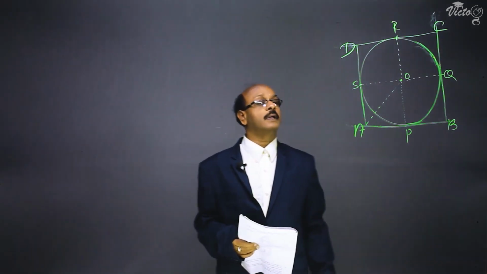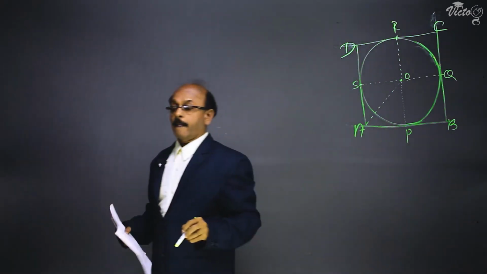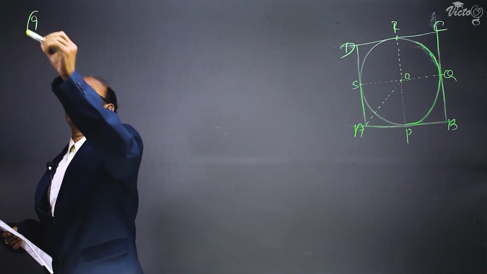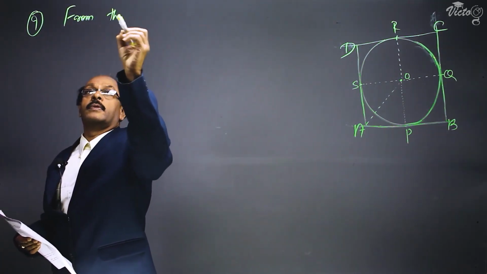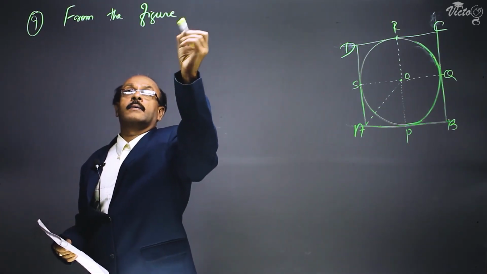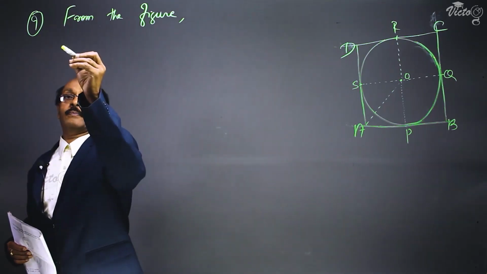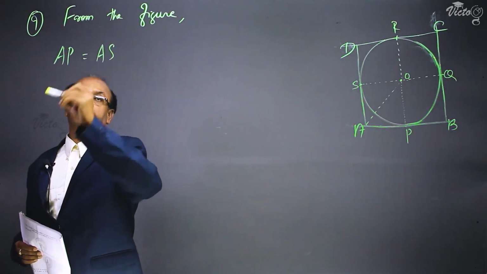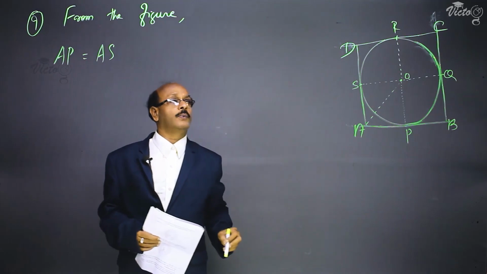Now we have the relation, from the figure, AP is equal to AS. And BP is equal to BQ.